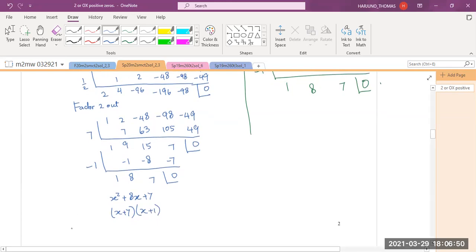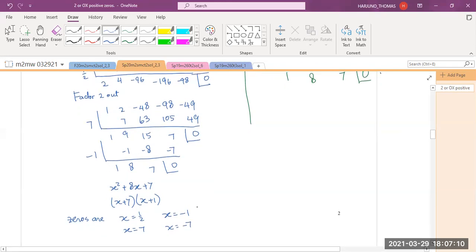Okay, so the zeros are x equals 1/2, x equals 7, x equals -1, x equals -7. Actually, x equals -1 is a zero with multiplicity of 2. It happens once here, and once here.